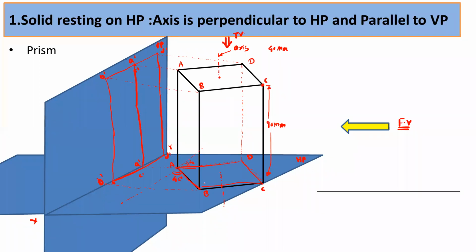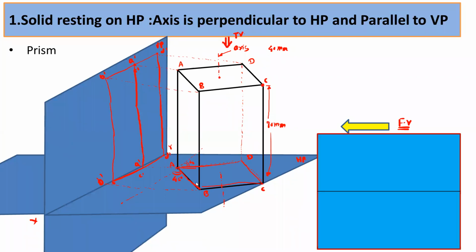So when you draw the projection on the drawing paper, you will rotate this horizontal plane by 90 degree. So HP will lie below the XY line. So this is the vertical plane and this is the horizontal plane. So you start from the top view, because the top view will give the actual shape or the true shape of its base.